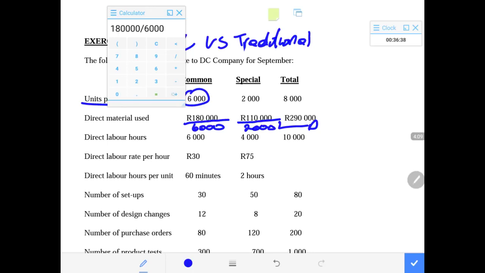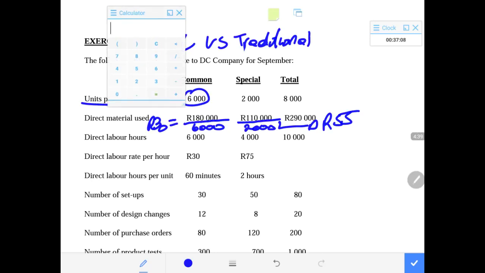We divide this by 6,000 and we get to an amount of 30 rand, meaning the direct material cost per unit of product common will be 30 rand. For product special it will be 110,000. We divide this by the number of units that were manufactured, being 2,000, and we find out that the cost of material will be 55 rand per unit of product special.